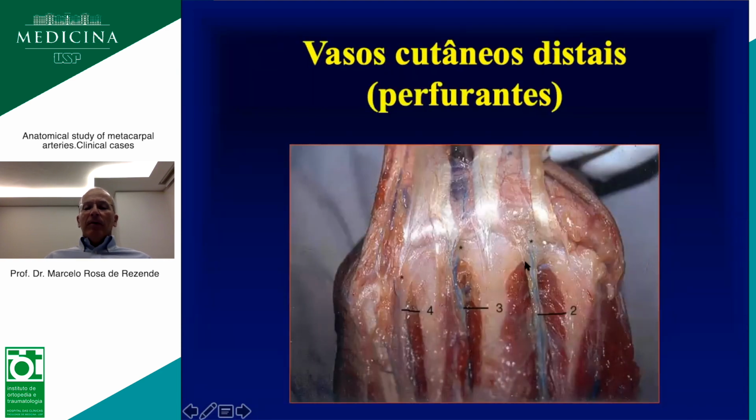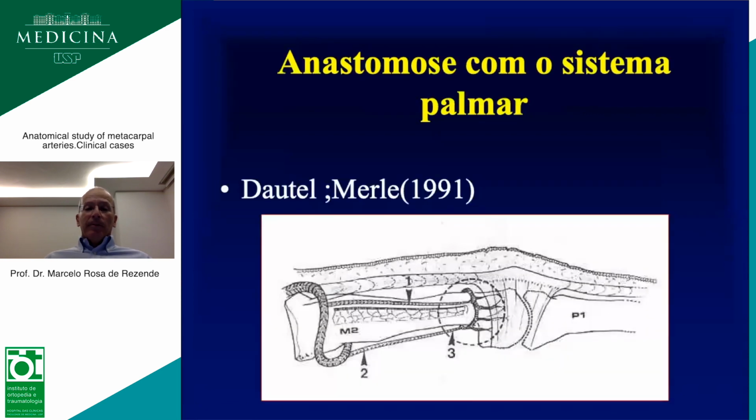This is the detail of the perforator branch that comes from the second, third, and fourth, goes to the cutaneous area, and is going to be the base of the metacarpal flap in an anterograde fashion.